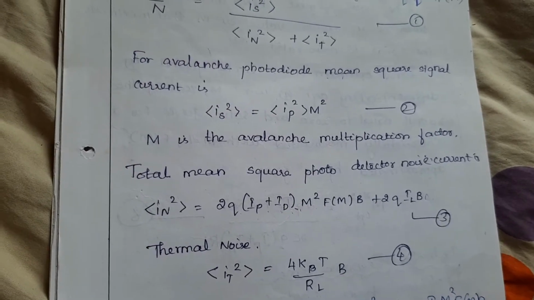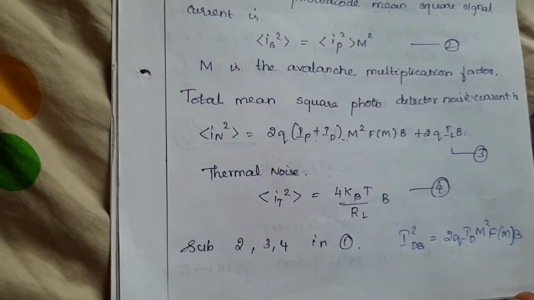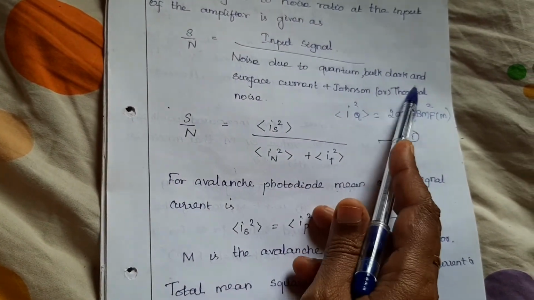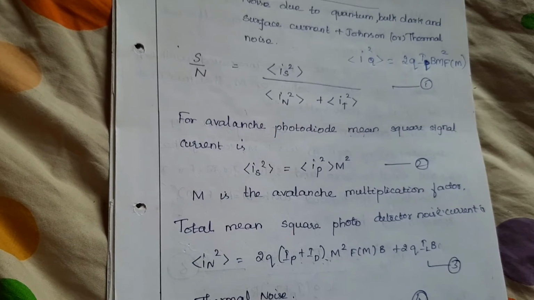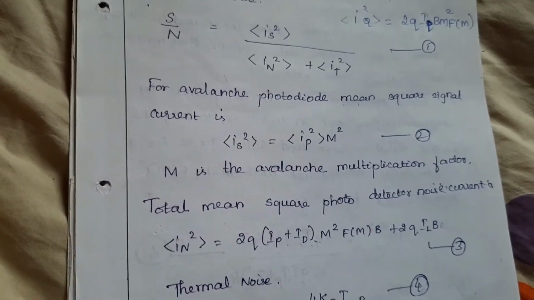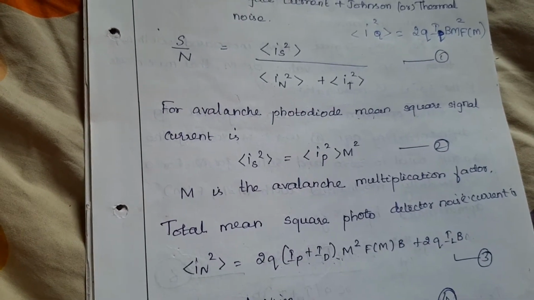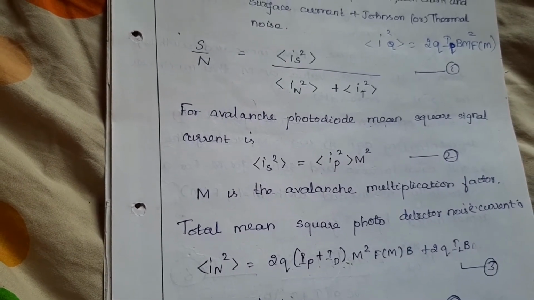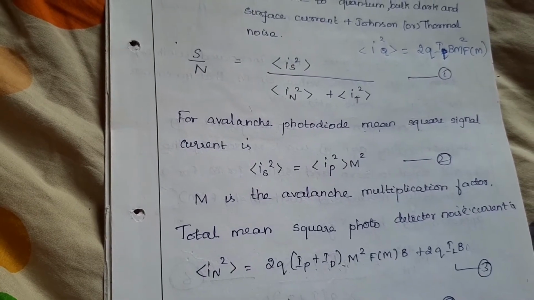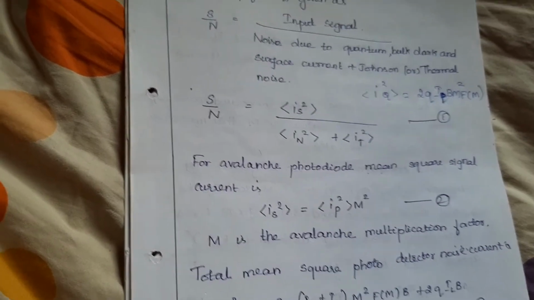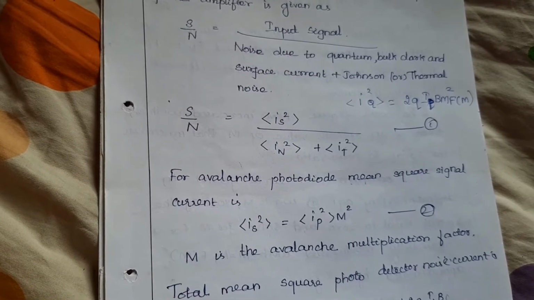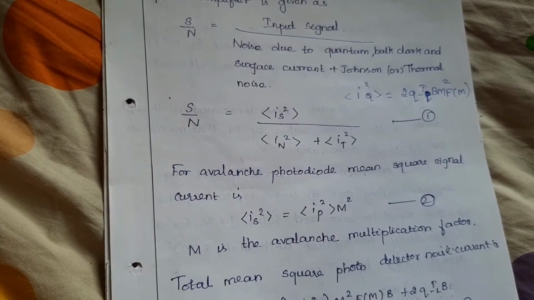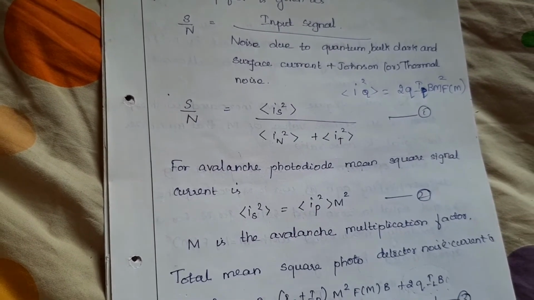Now what do you mean by the surface leakage current? It is a surface current or simply leakage current. The surface dark current is mainly due to the surface defect, cleanliness or bias voltage, etc. The surface current noise is given by 2q IL B, and this is the noise due to the quantum and the bulk dark current noise.